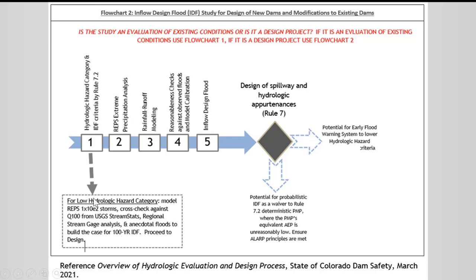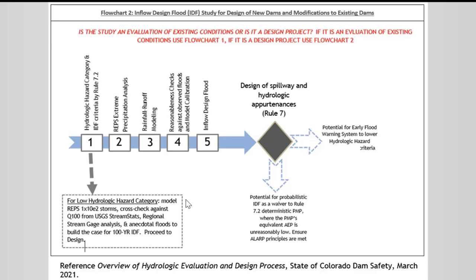All right, and as we had in Flowchart 1, again, we have a jumping off point for low dams with low hydrologic hazard consequences, or low hydrologic hazard category. So again, we want to make this as simple as possible. We don't want to use owner and consultant resources excessively, or waste resources, on low hydrologic hazard dams.